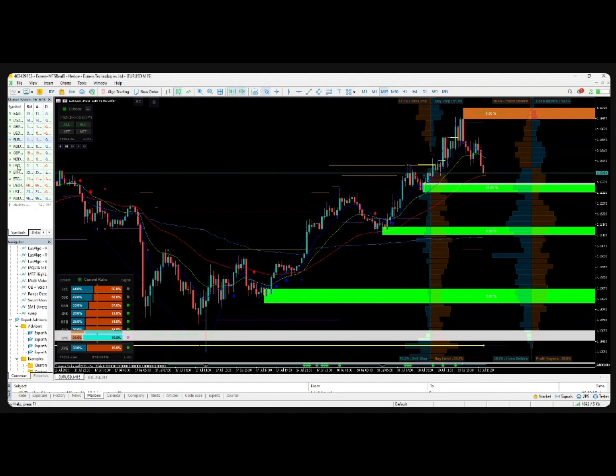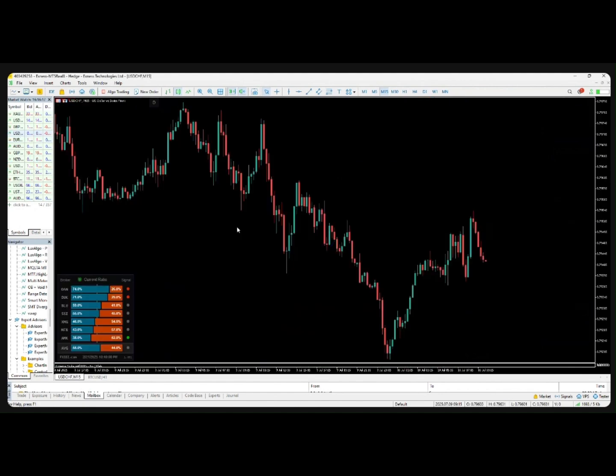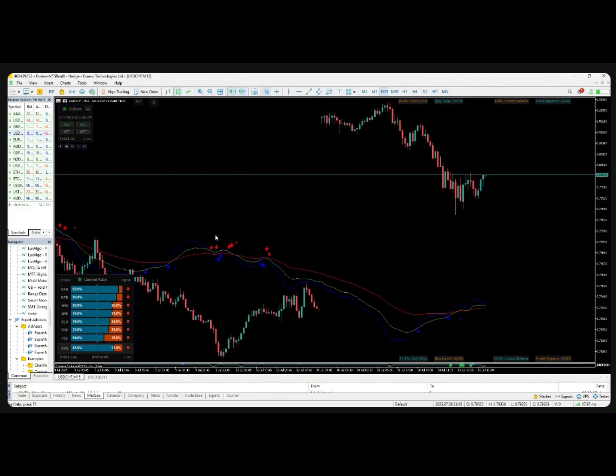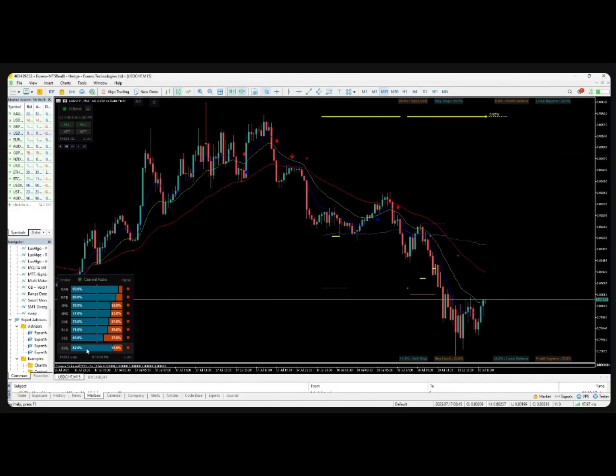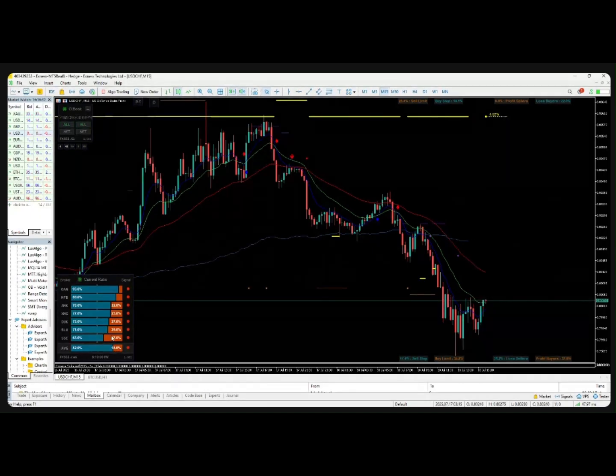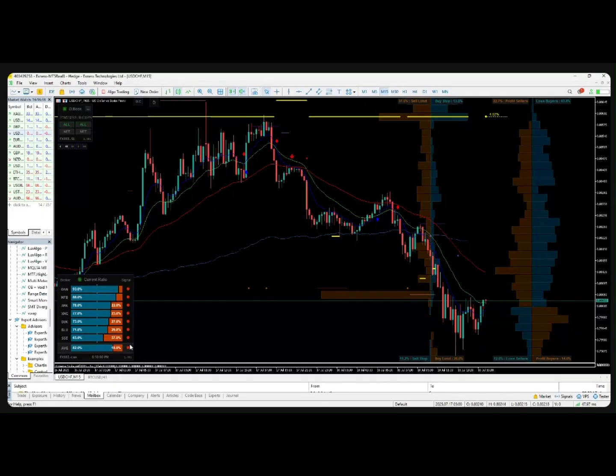And coming to USD JPY, I'll just show you some examples so that it will be easy for you. So see here, 83% of people are on the buy side, only 18% are on the sell side, and the current ratio is suggesting only to enter sells.